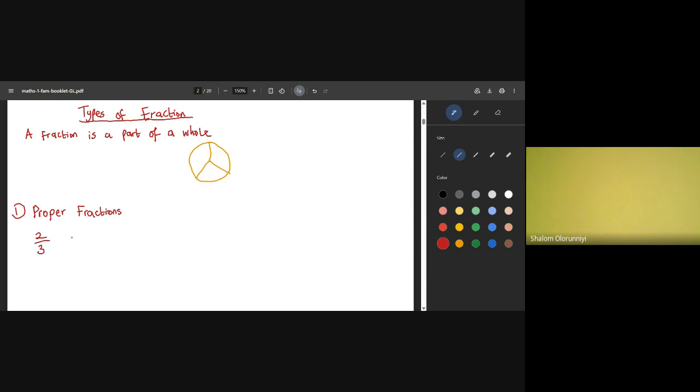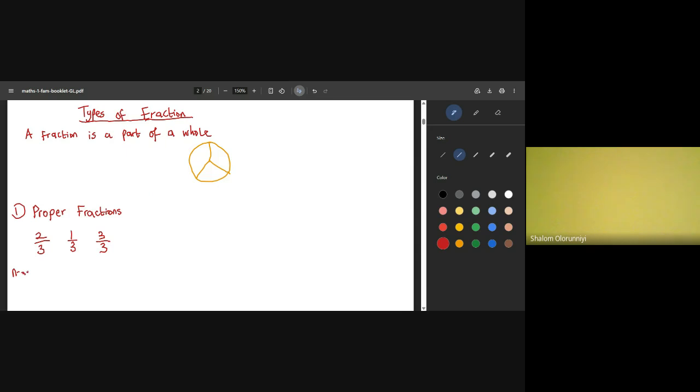If I pick 1 slice from 3 total parts, that makes it possible also, right? And 3 out of 3 would be the whole because I'm literally taking the whole part, which is going to be equal to 1 whole. So that's what proper fraction literally means. It means a fraction where your numerator is less than the denominator.